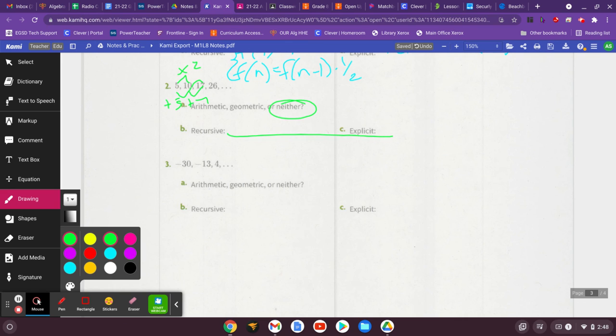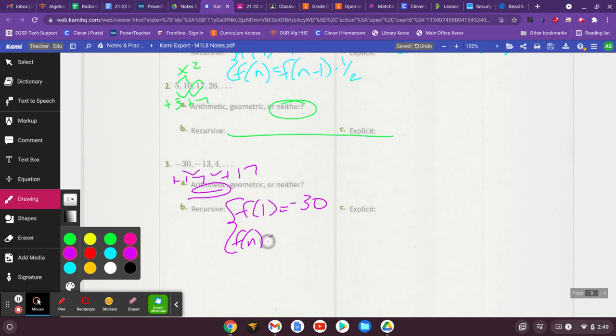Third and final. All right, I'm going from negative 30 to negative 13, which is a jump of 17, right? So let's do purple on this one. That's a plus 17. I don't know the multiplication that goes, but this is a plus 17 too. So this would be arithmetic. So our recursive is f of 1 equals negative 30.